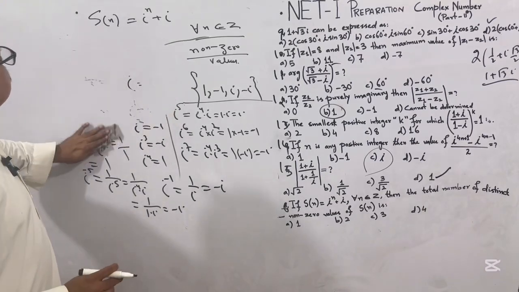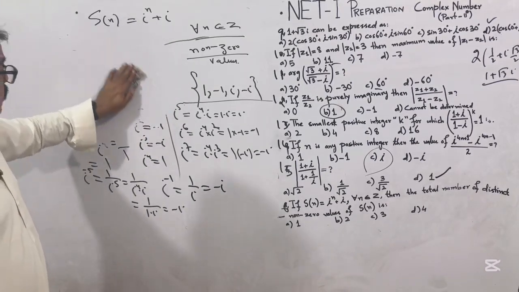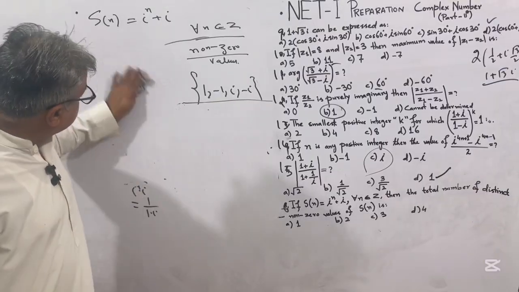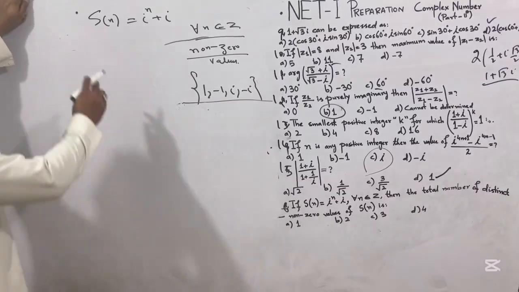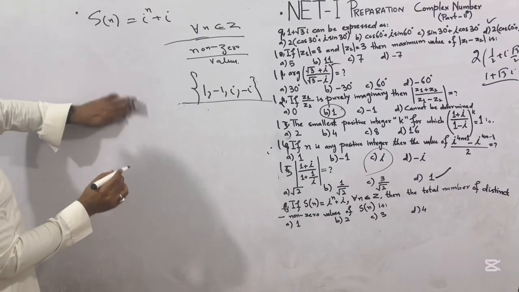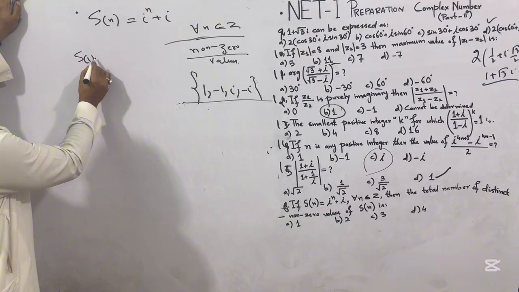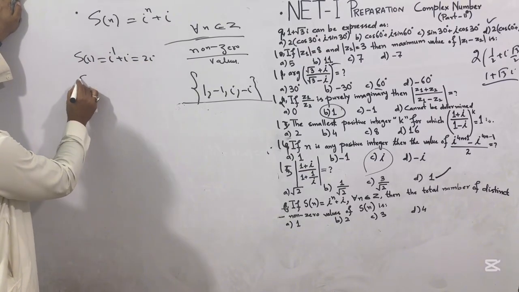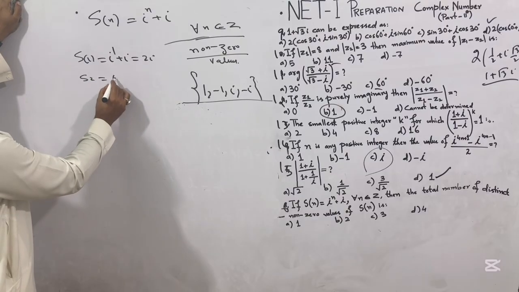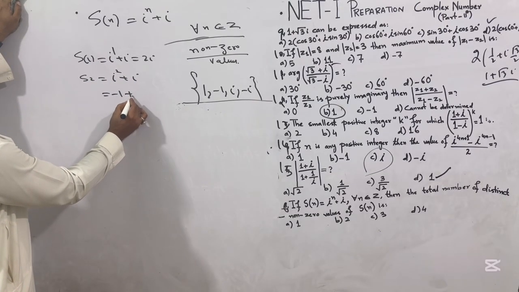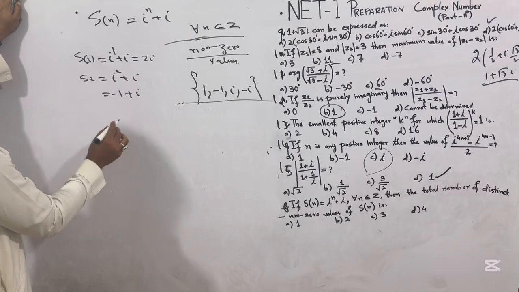How many non-zero values of Sn are there? We cannot accommodate 0. Okay, cool. S1: iota raised 1 plus iota, it will become 2 iota. Cool. S2: iota square plus iota. Iota square means minus 1 and it is plus iota.